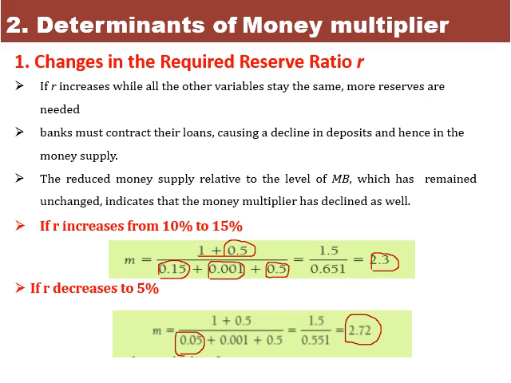So if we compare this with the original example, when the required reserve ratio decreases from 10% to 5%, the money multiplier increases from 2.5 to 2.72. So again, we have a negative relationship between the money multiplier and the required reserve ratio.